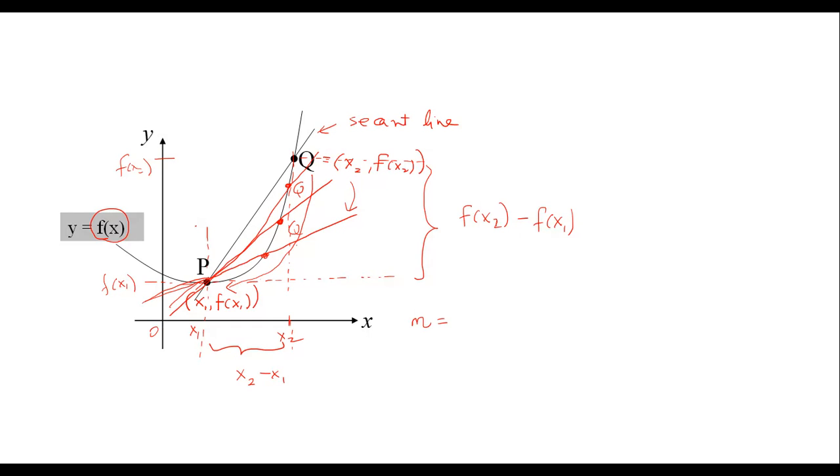So you can look at this one. Your m is just your f(x2) minus f(x1) divided by x2 minus x1. Okay, so I think that one is clear, right?